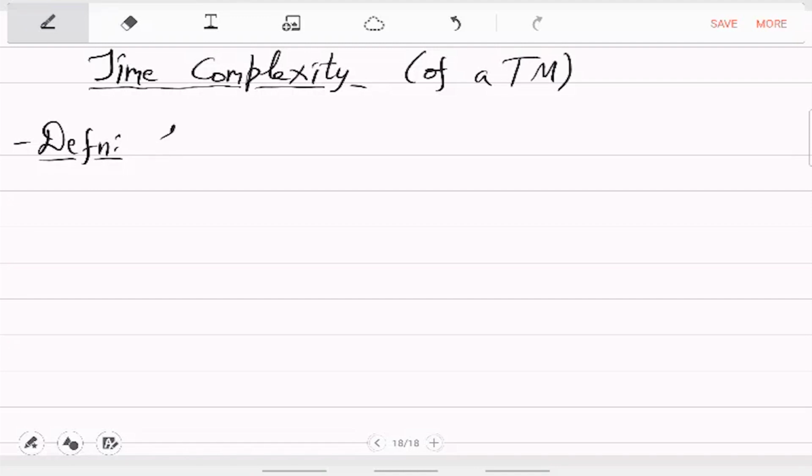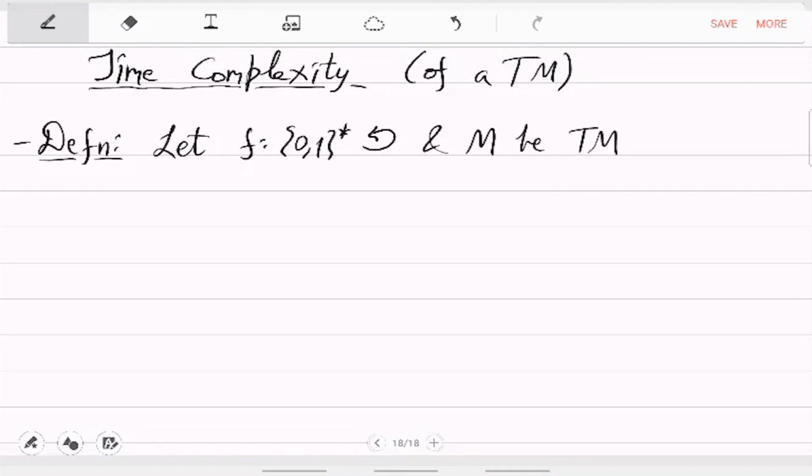Let F be a function from strings to strings, and M be a Turing machine computing F.